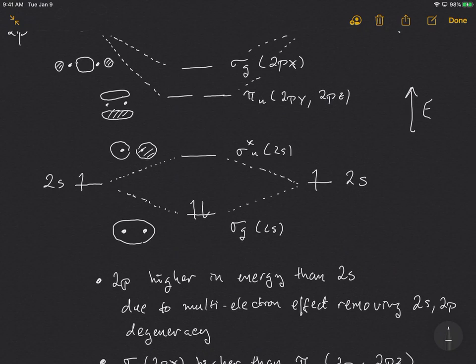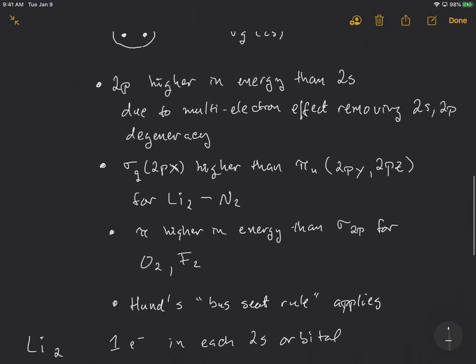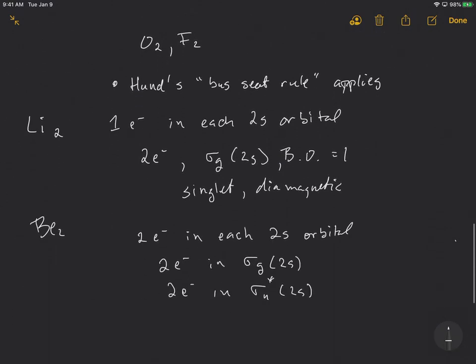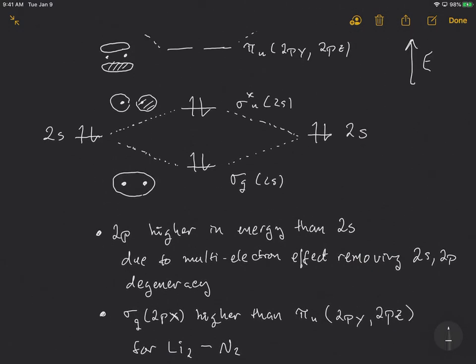We start with 2 electrons on each beryllium atom. That gives us 4 electrons in the system, and so this is our lowest energy electronic configuration for the molecule. All of our spins are paired, so this is a singlet. It's diamagnetic. And the bond order is 0 because there are 2 electrons in a bonding orbital and there are 2 electrons in an antibonding orbital.